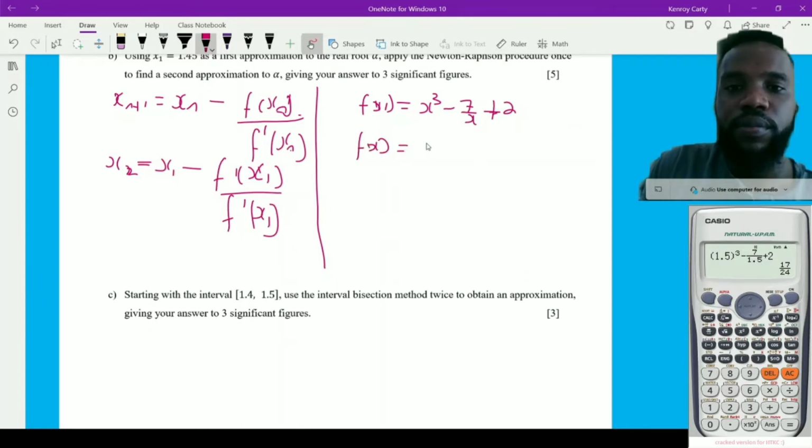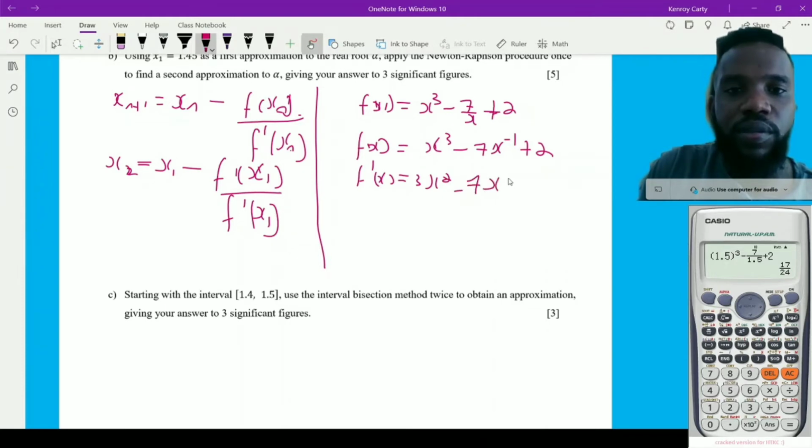So let me rewrite it first. So it's 7x to the minus 1 when it comes up plus 2. So f prime of x would be 3x squared minus, of course I bring the minus 1 to the front, it's going to give me a positive 7, x to the minus 2, right?